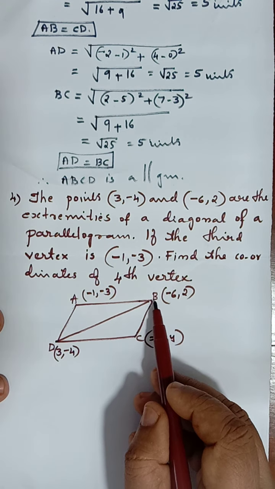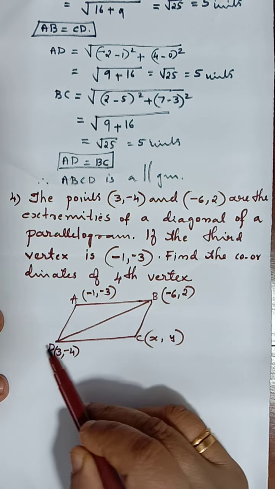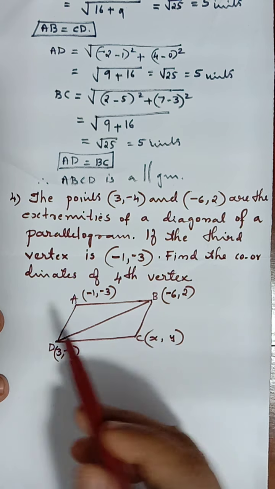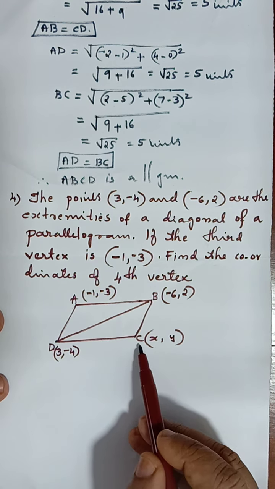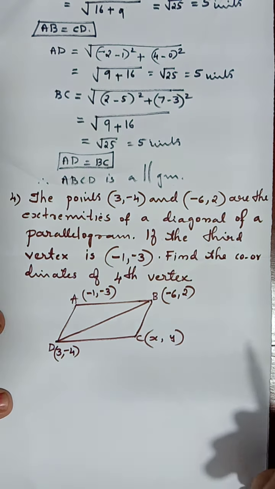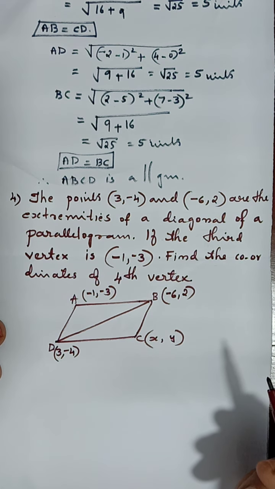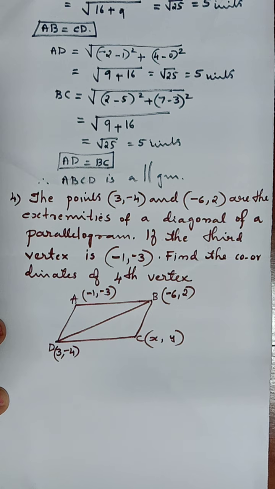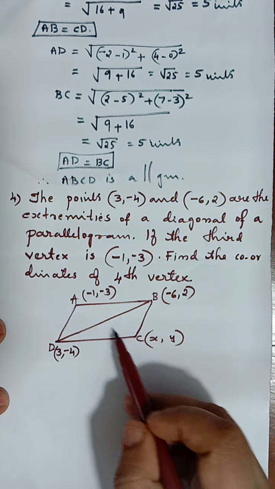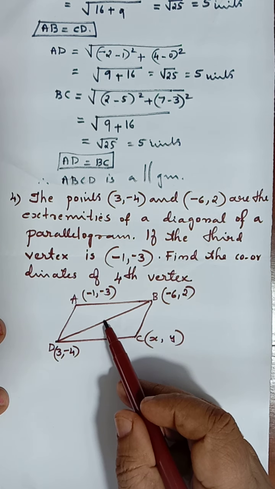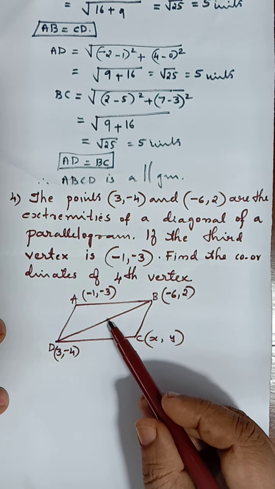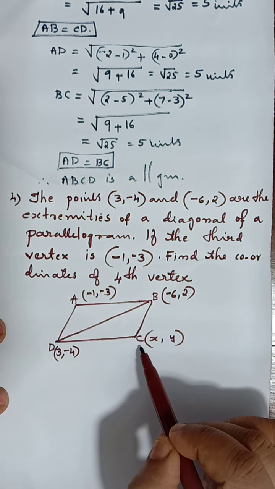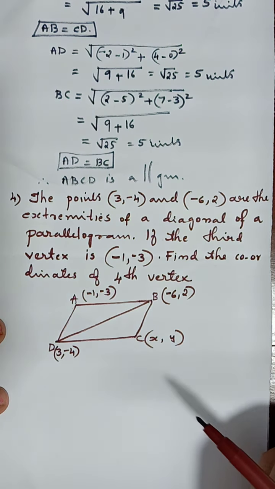The extremities of the diagonal they have given, so we are marking them here for BD. Then one of the points we take as -1, -3. Then the last one, the fourth coordinate, we are going to find out. Already I have mentioned, when it is a parallelogram, the diagonals bisect each other and we get the midpoint of the diagonals as the point of intersection. Midpoint of AC will be equal to midpoint of BD.